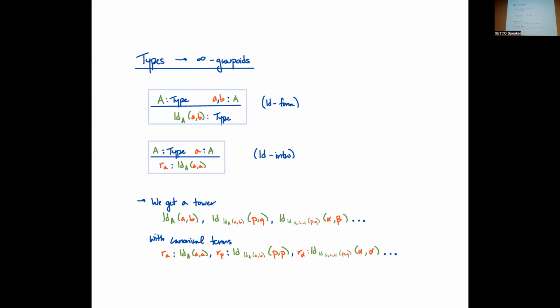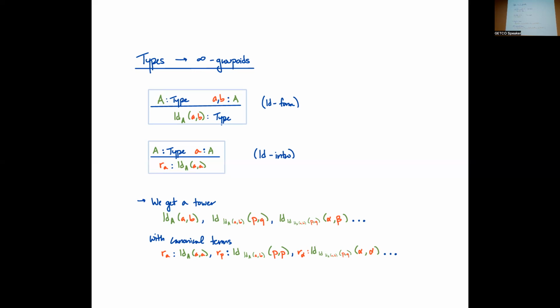The first one just says that for any type A and for any 2 terms in the type, we have an identity type. And we think of the terms of this as proofs that A is equal or identical to B. And we have an introduction rule telling us our favorite proofs of identity, which is that if we have a type A and a particular term inside of A, then there's a canonical proof that A is the same as A.